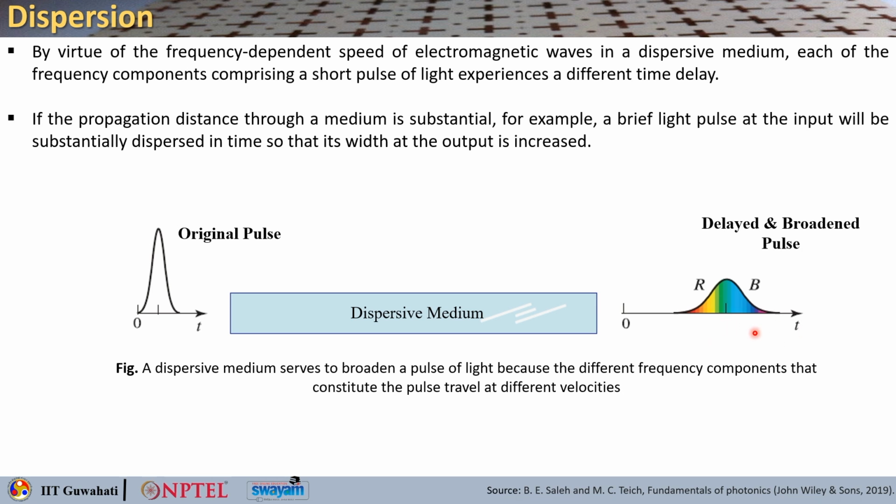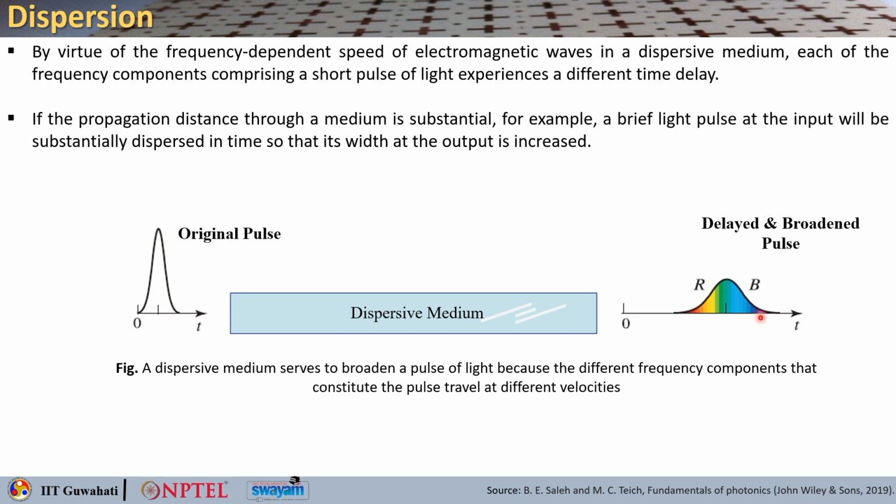So, you will see the width of the pulse getting much broadened because of the dispersive medium. Typically that happens in a fiber. So, this is what happens to the red component, and this is with the blue component. So, the pulse gets delayed and broadened.